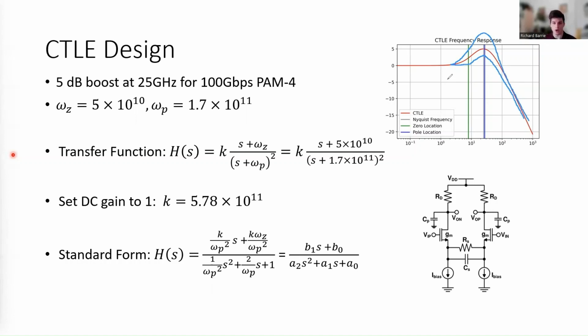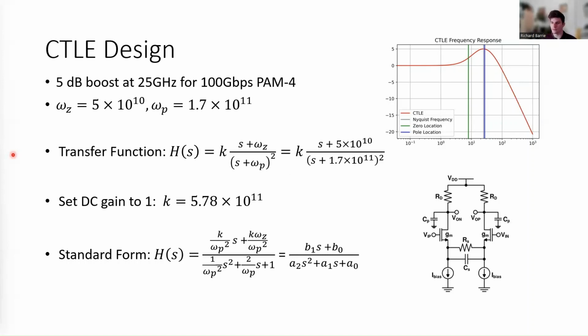A channel with more attenuation will need higher boost, and the cost will be higher power consumption by the CTLE. We chose to use 5 decibels of peaking at the Nyquist frequency because this is a typical value for a real 100 gigabit application.